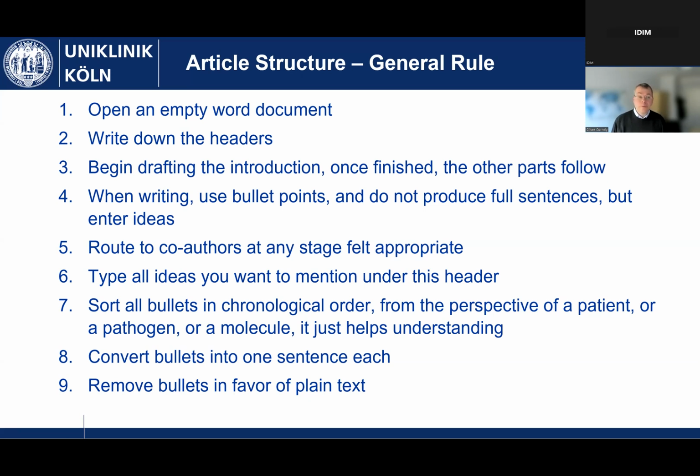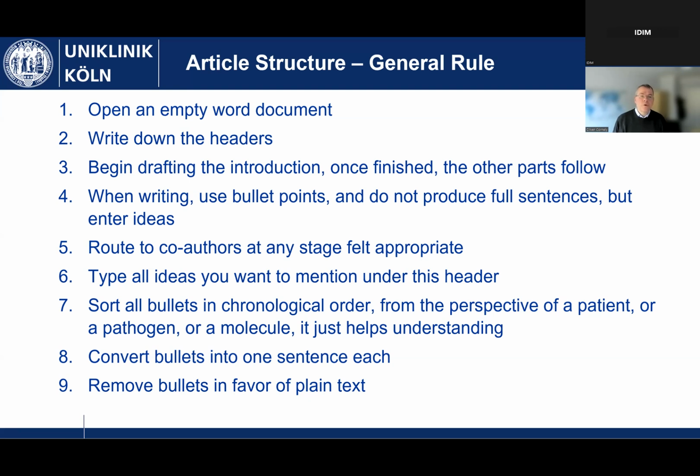And it could be the perspective of a pathogen or an organism other than a human, and it could be a molecule. If you want to describe where a molecule goes and how it's being metabolized, then you wouldn't start with excretion. You would start with the chronology from the perspective of the molecule, I guess.